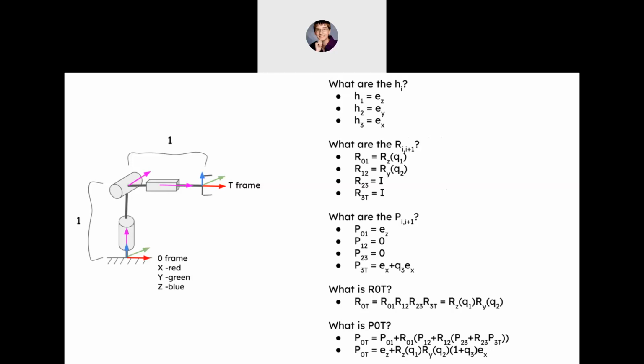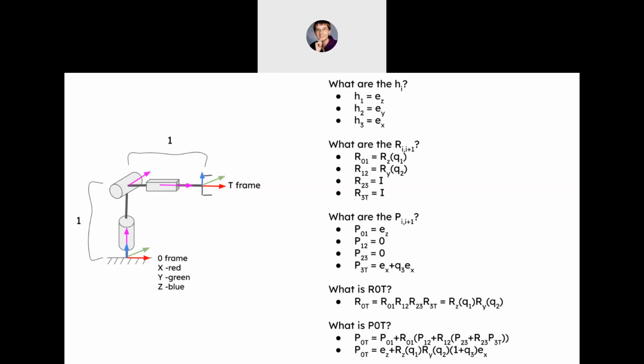And then since our last joint is a prismatic joint, we have the 0 configuration distance, which is 1 along EX, and then we also capture the displacement due to that prismatic joint. So the offset here would be Q3, and that occurs along the axis of translation for that joint.